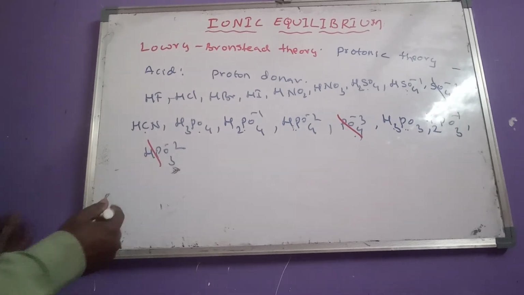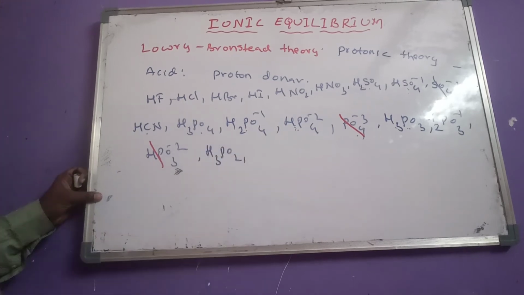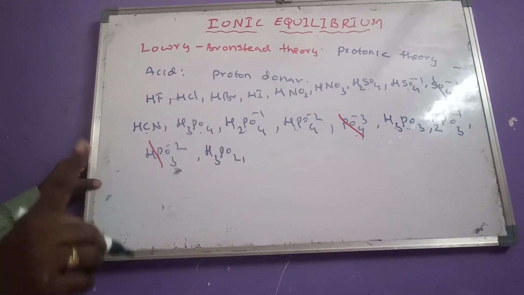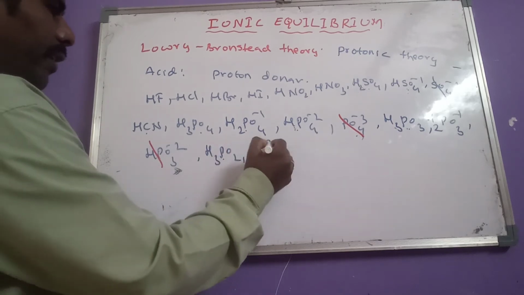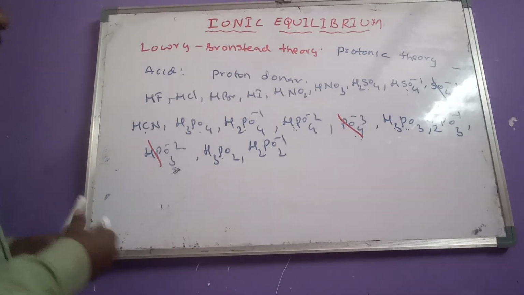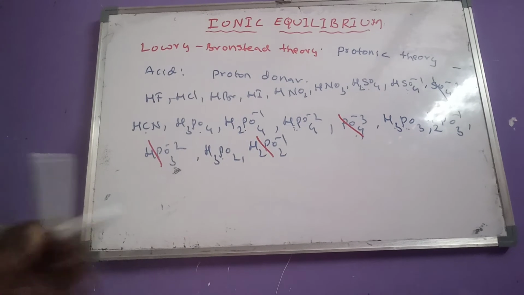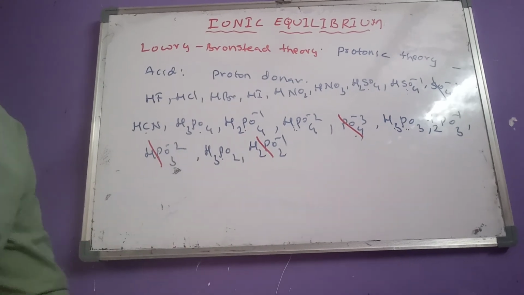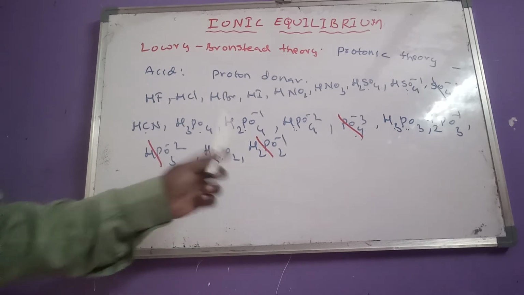Then another one, H3PO2. It is a monobasic acid, donating only one proton, so it can act as an acid. By donating one proton, it gives H2PO2 minus. But this does not donate a further proton because the two hydrogens are directly bonded to phosphorus, so it could not act as an acid.